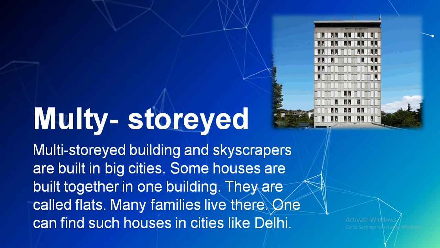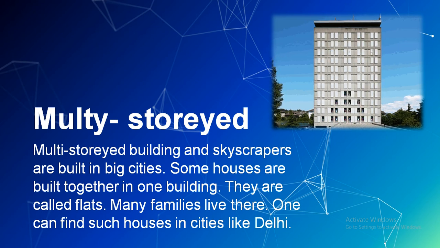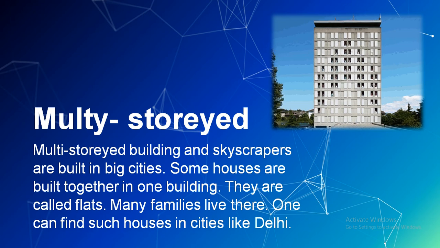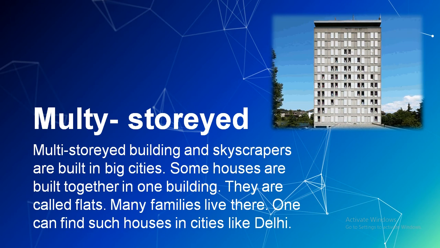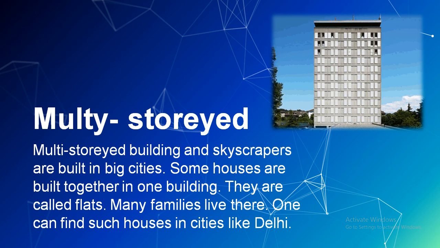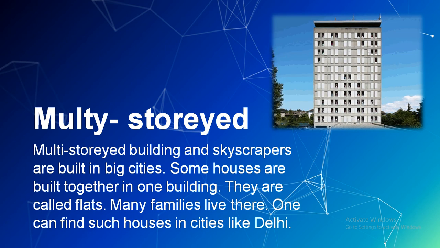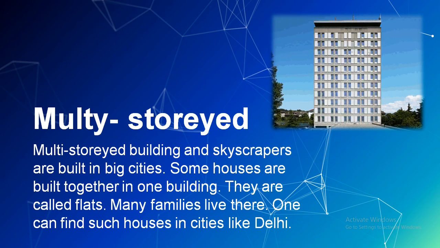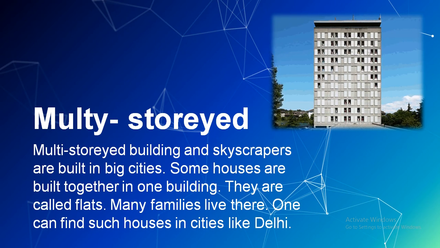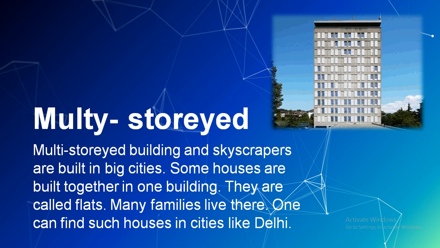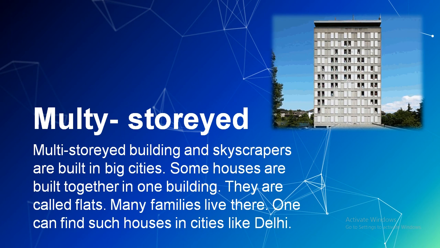Each family will get a flat, and that flat contains the bedroom, the drawing room, the kitchen and bathrooms. Every flat has all these facilities. So like this, houses are called multi-storied.